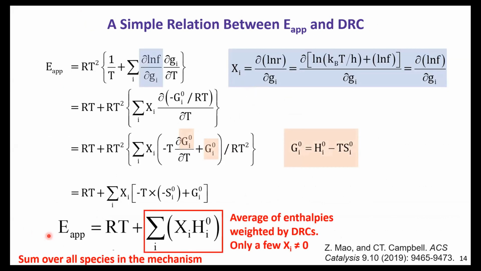E apparent of a multi-step reaction equals RT plus a summation over all species in the reaction mechanism. This summation is actually an averaged enthalpy of species weighted by their DRCs. And since only a few species have non-zero DRCs, only a few terms in this summation are effective.